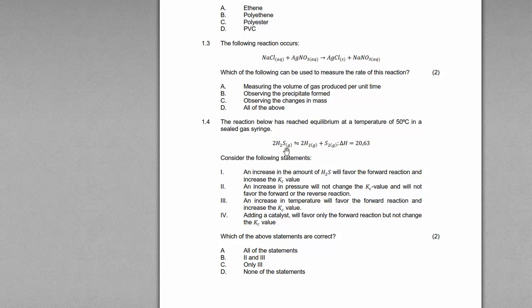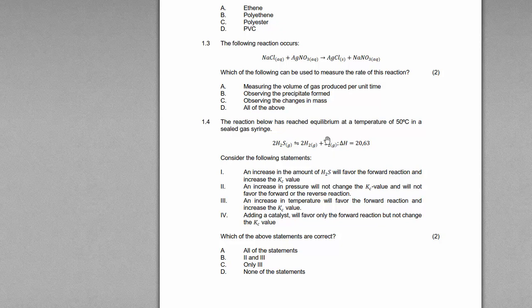That makes this an endothermic reaction because heat is being added to the system. So if we increase the temperature, we will favor the forward reaction, because we're adding more energy, so more products will be produced.